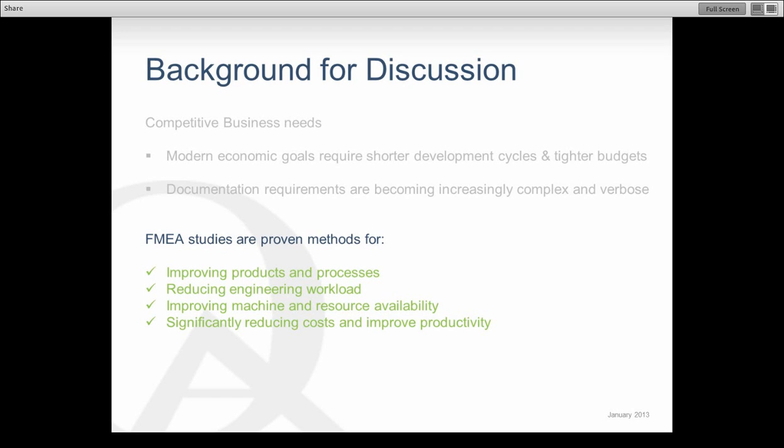FMEAs are great for improving machine and resource availability as well. If we're able to mitigate these risks in advance, that means that we'll have less rework and less downtime for our machines, which allows us to have more throughput for our processes. And FMEAs can also significantly reduce cost and improve productivity.